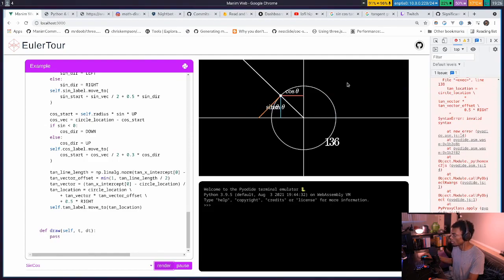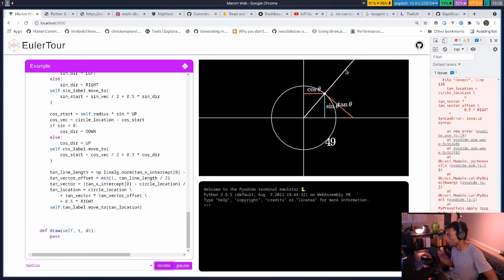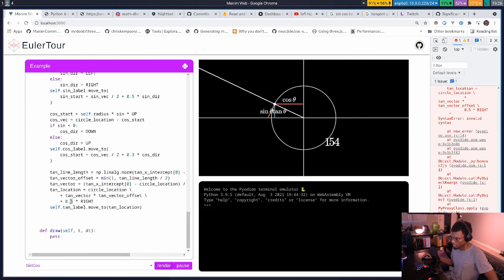So this needs to be more than a half offset, I think. Also, maybe this shouldn't be a half so that it doesn't cover the sine so badly. But anyway, I'll make this like 0.75.